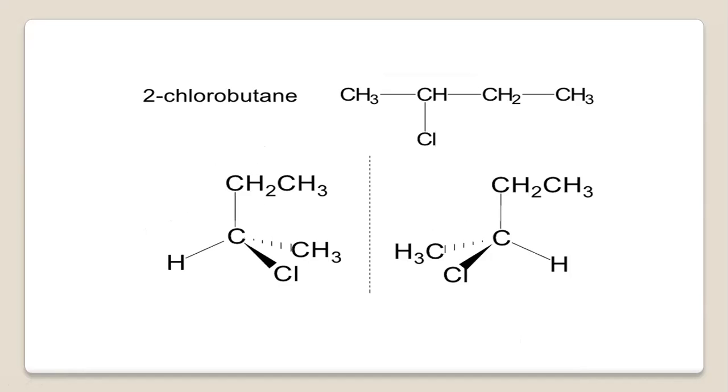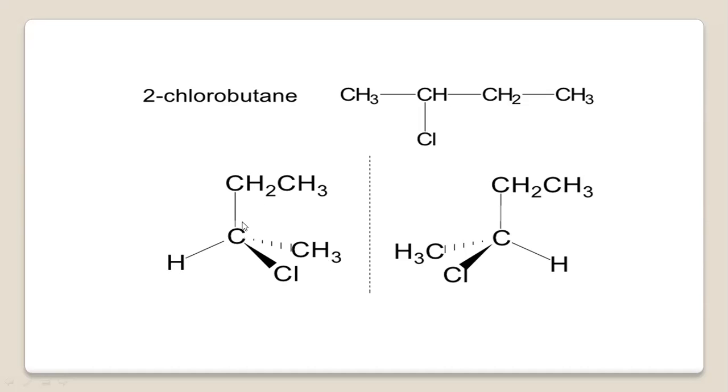2-chlorobutane also shows optical isomerism. Mainly the carbon which is the asymmetric carbon atom shows optical isomerism. An asymmetric carbon atom means a carbon atom bonded with four different groups or atoms. Here the carbon is bonded with an ethyl group, one methyl, one chlorine and one hydrogen.